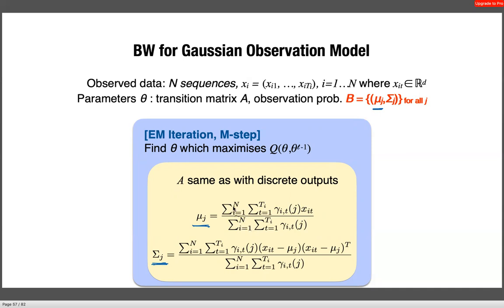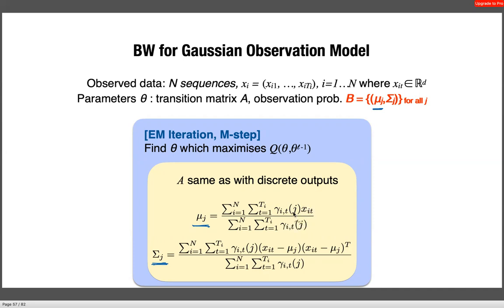You can even not worry about this outer summation at all. The summation over i, just look at the rest of the terms. So here you have a summation over t, gamma_t of j, I comma t of j times x_it, divided by the summation over t of gamma_it of j.